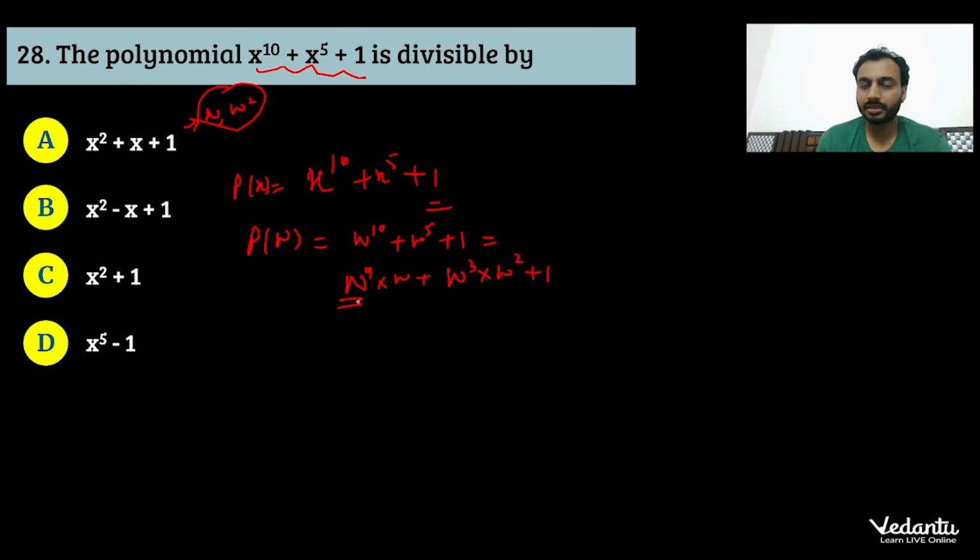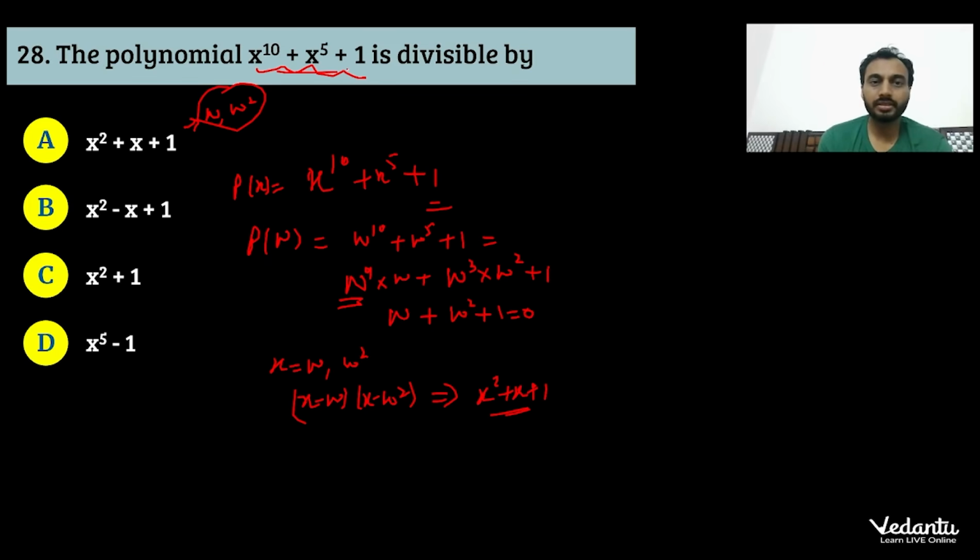So omega power 9 is 1, and we get omega plus omega square plus 1, which is 0. So clearly omega is a root and omega square also satisfies this. If omega and omega square are roots, then these are factors as well. So this is divisible by x square plus x plus 1.